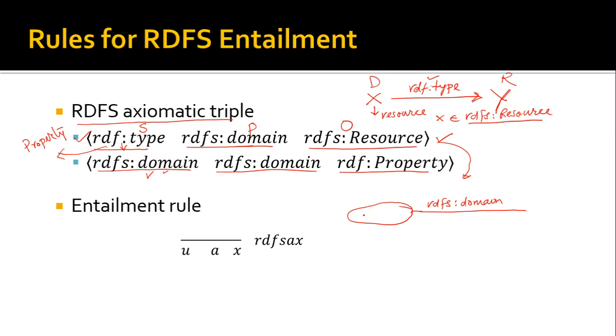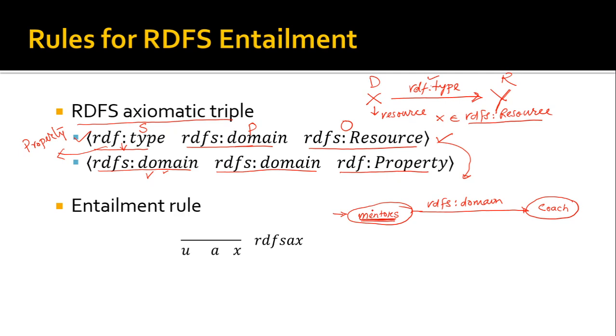Think of any property, say mentors. We are defining the RDFS domain of mentors. And who can mentor? Let's say a coach can mentor someone. So this is a resource. The resource is basically the mentors class.